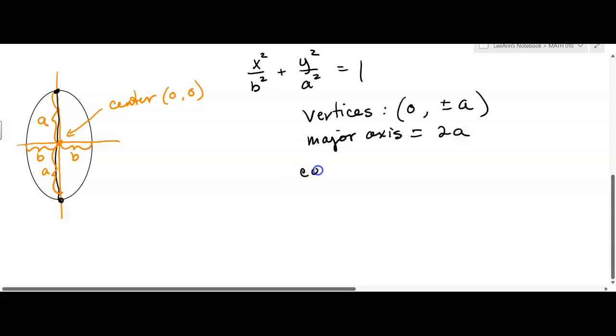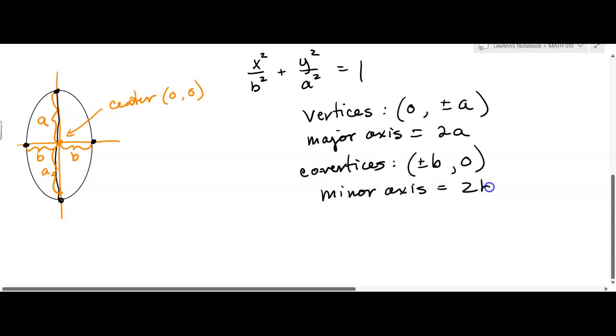And then the co-vertices are going to be plus or minus b, comma 0. Okay, and then the minor axis is still 2b. All right, and we got the center.